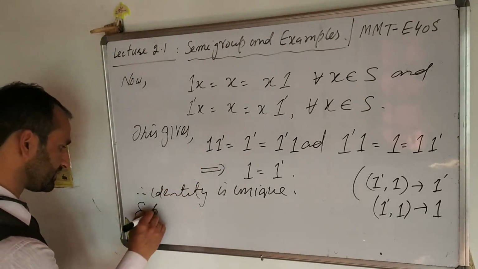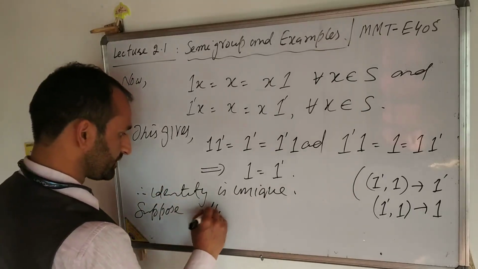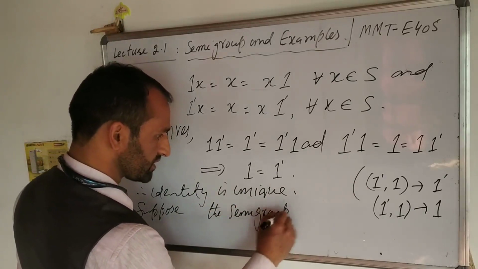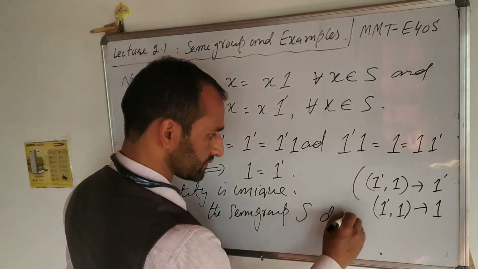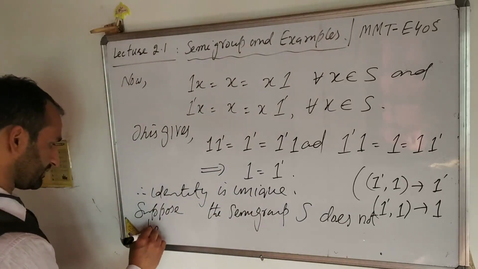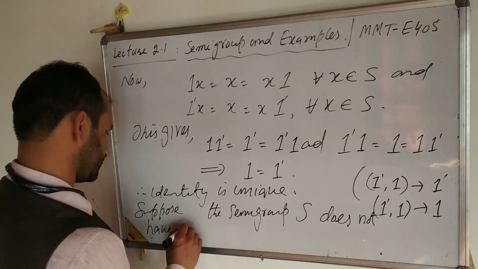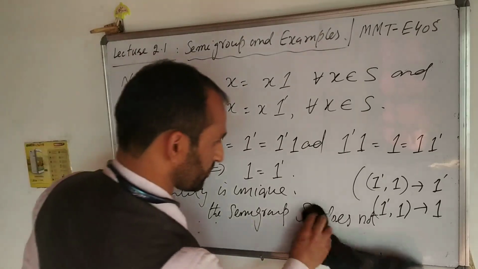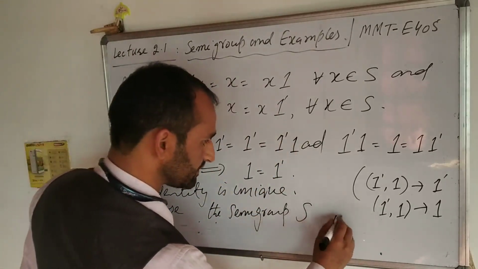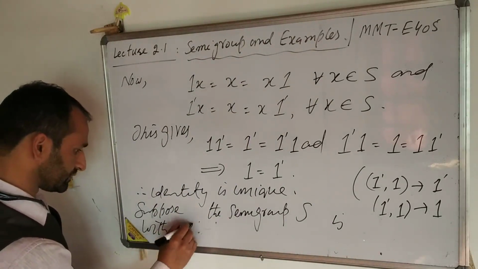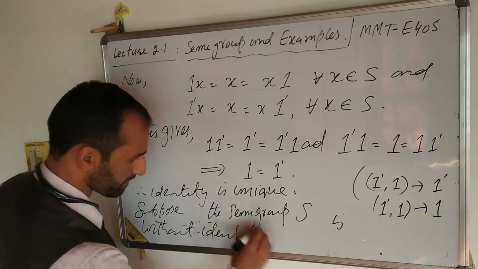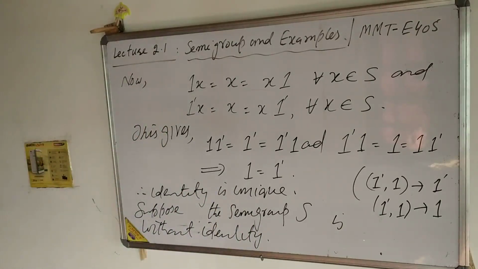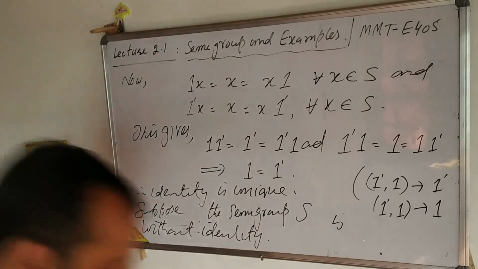Now suppose the semigroup S is without identity. Then we adjoin an extra element 1 to S.